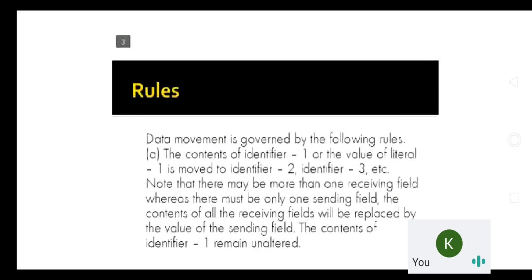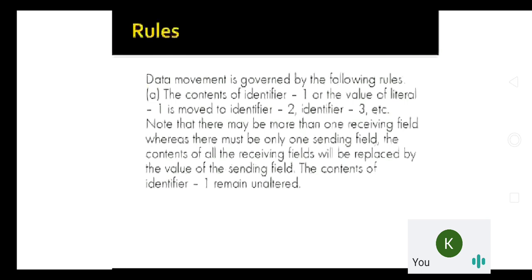And we have some rules while using the data movement verb. The first rule is that the contents of identifier 1 or the value of literal 1 is moved to identifier 2 or identifier 3. Contents here refers to the value.